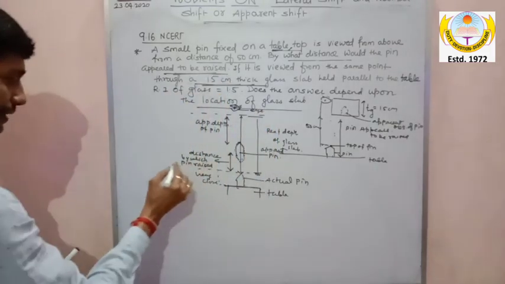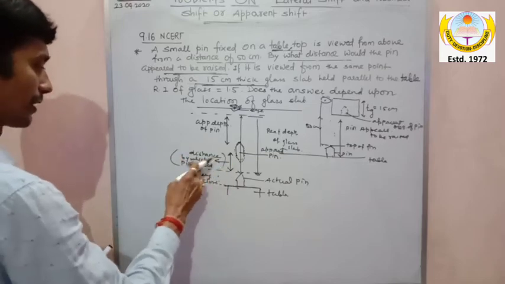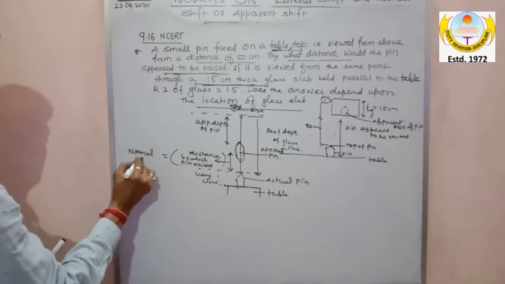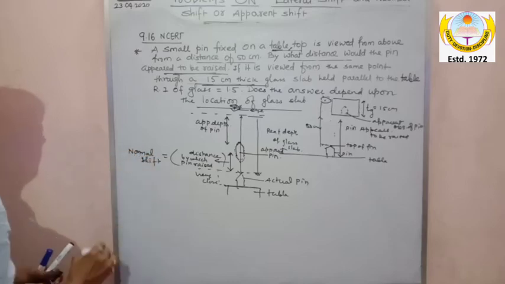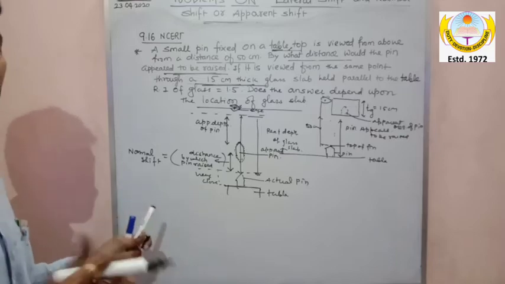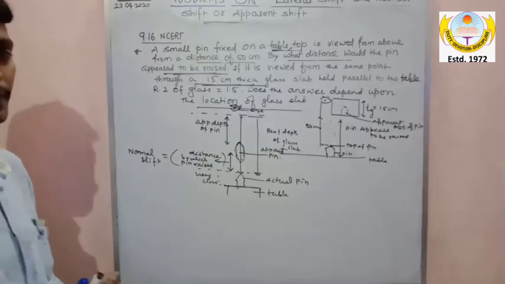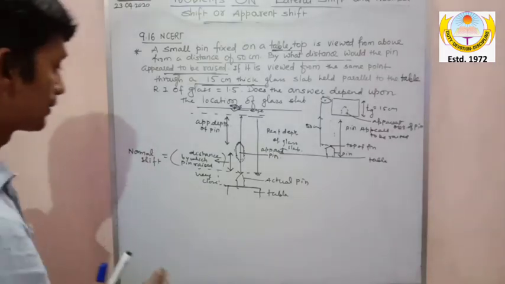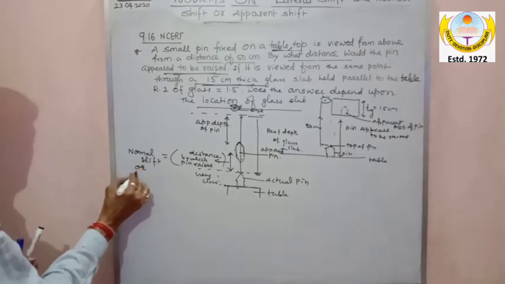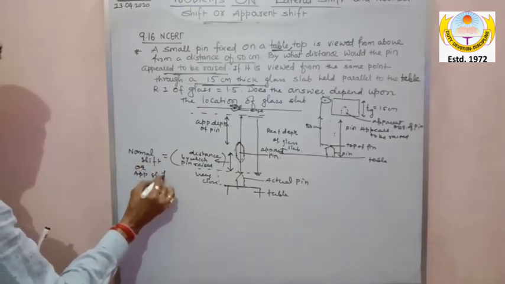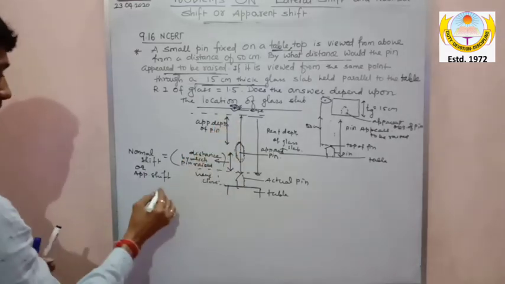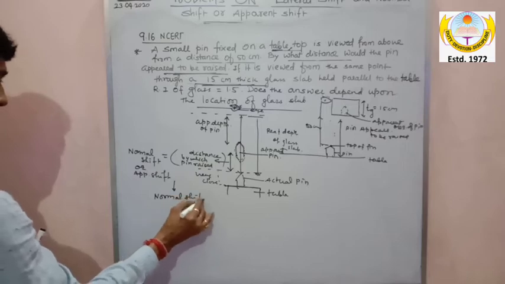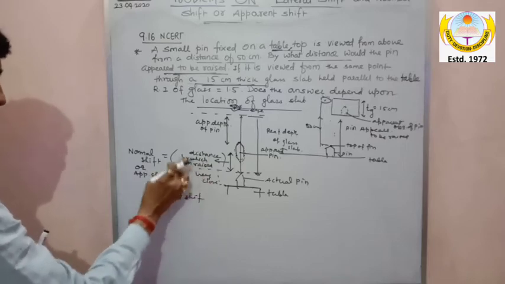The distance by which the pin is raised is called normal shift, or apparent shift. So the question is on normal shift: the distance by which the pin is raised.